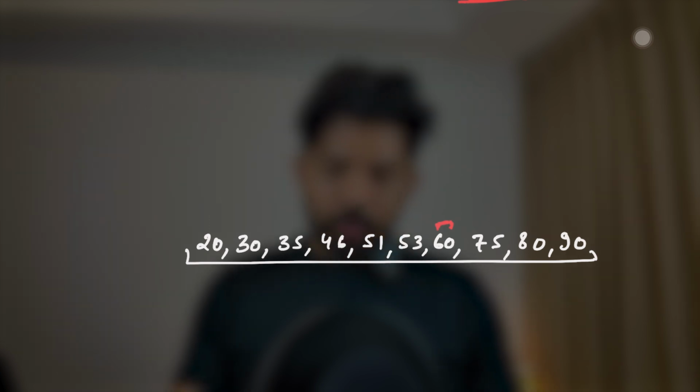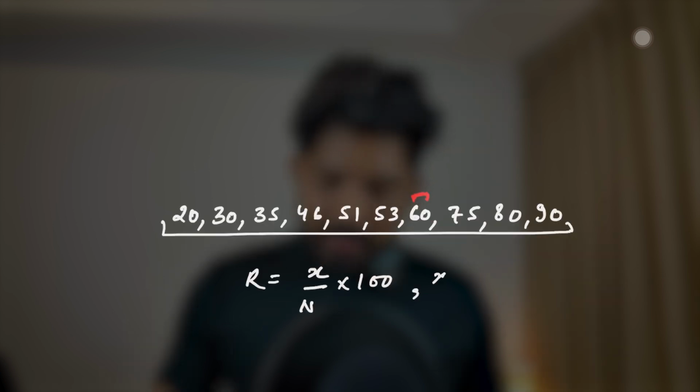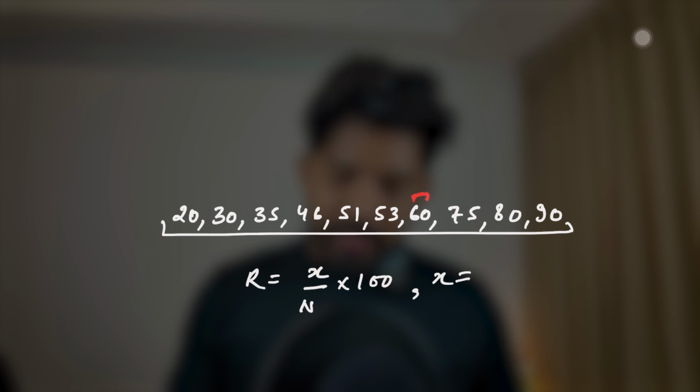For this we have a formula, and let me write that. For the rank, the formula is x divided by n multiplied by 100, and the value of x is the numbers which are equal to x or less than it. Means here we asked for 60, so 60 is the x, and we have to count all the numbers which are equal to this x or less than it.